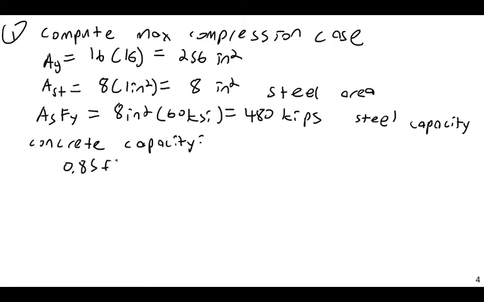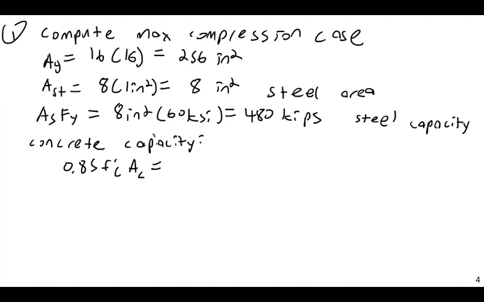0.85 f'c times the area of the concrete. This is then going to equal 256... well, actually not quite. Here, we have to make a slight adjustment to the area of the concrete. We could possibly neglect this difference, but if I'm going to do this right and proper, I probably should.